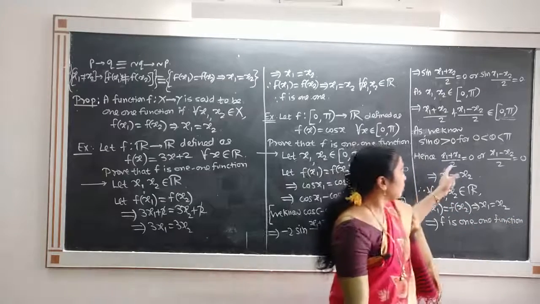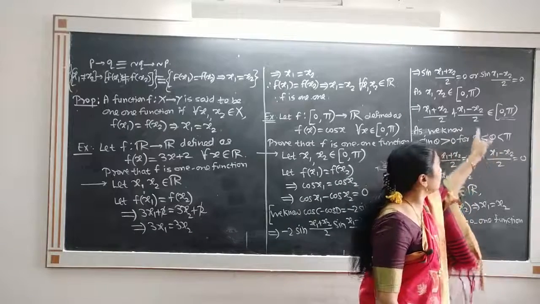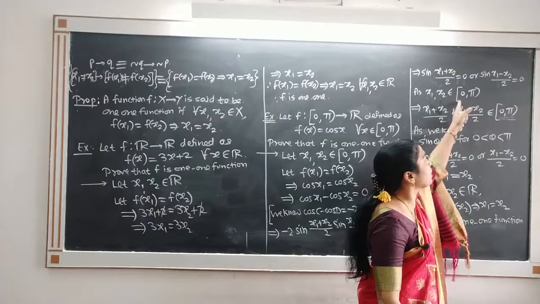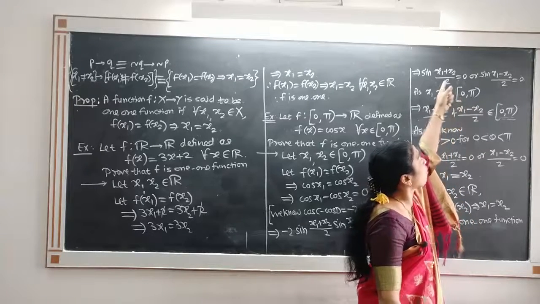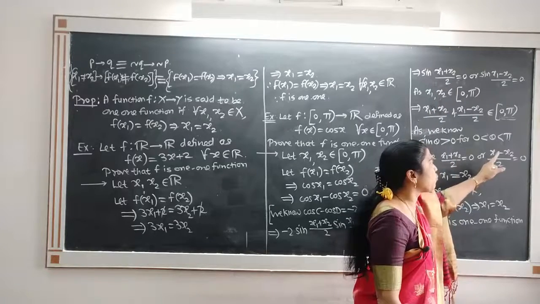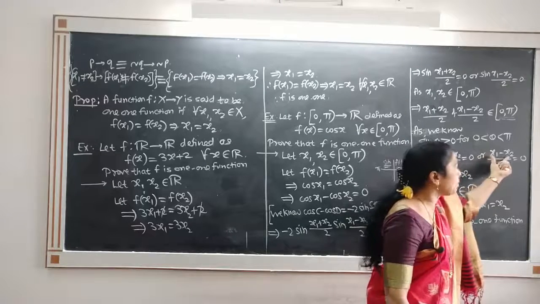So observe that because sin theta is always greater than 0 in this interval and our interval only contains one extra number here, that is 0. So if you want the answer to be 0, the angle should be equal to 0, and if you want the angle equal to 0, the sum is 0 or the subtraction is 0.